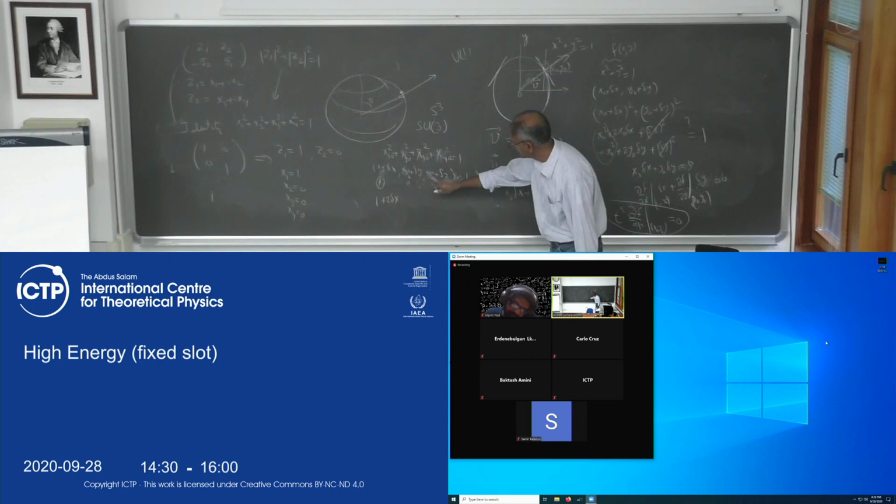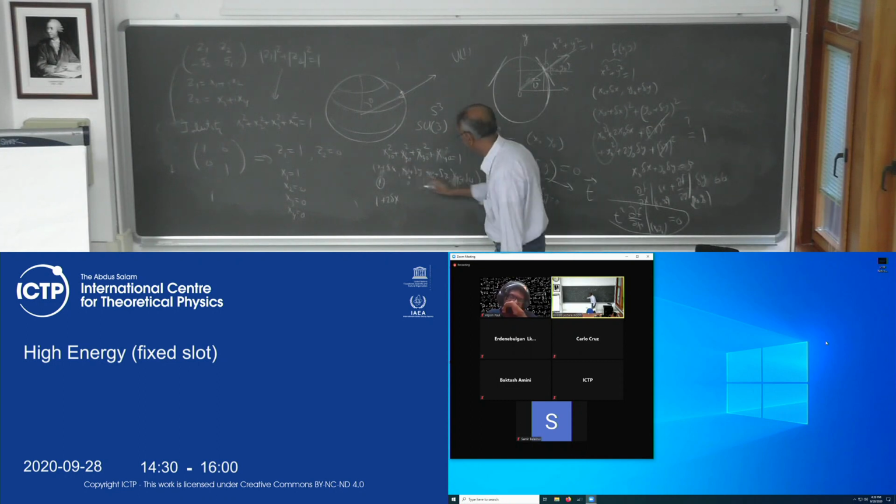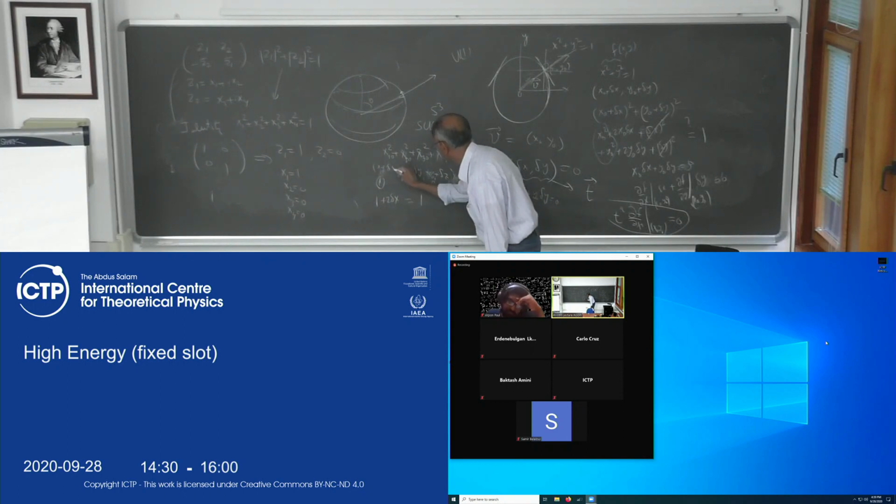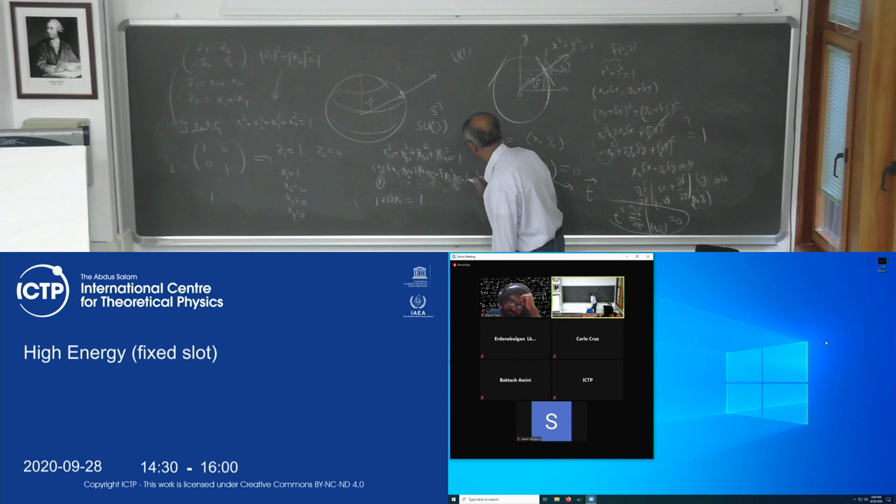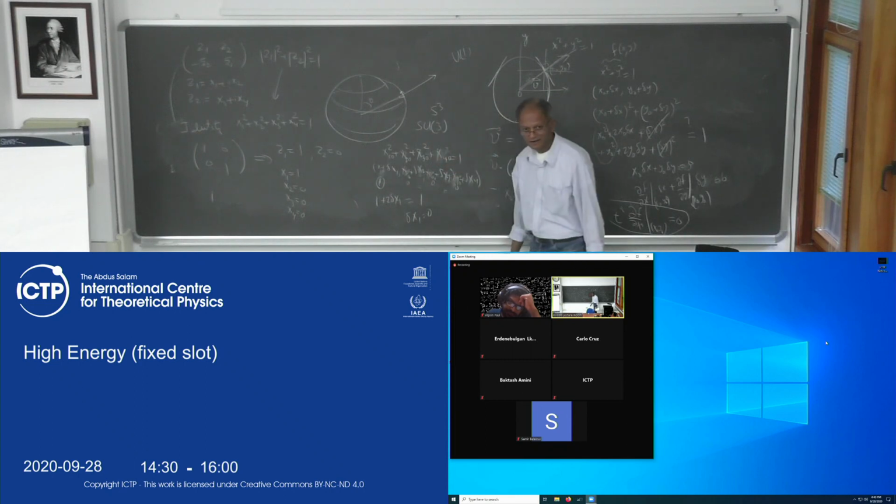Here again, this is 0, so it becomes delta z squared, which you throw away, and the same thing happens here. So if you restrict to the first order in the small variation, the whole thing becomes just 1 plus 2 delta x, and that's equal to 1. Since I'm calling it x1, x2, etc., this just tells me delta x1 is 0. That's it.